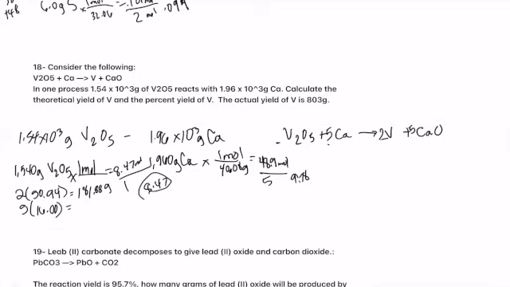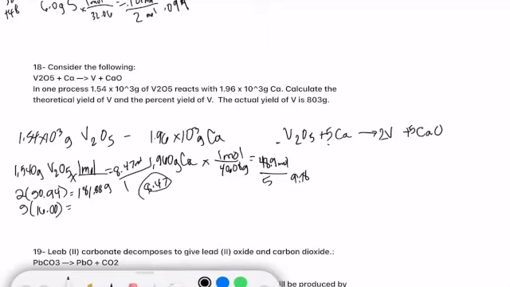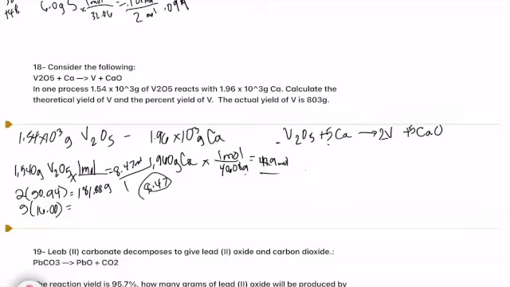So we are going to calculate our theoretical yield and then our percent yield based off of the fact that V2O5 is going to be our limiting reactant, and it will be making the rest of the answers dependent upon that.